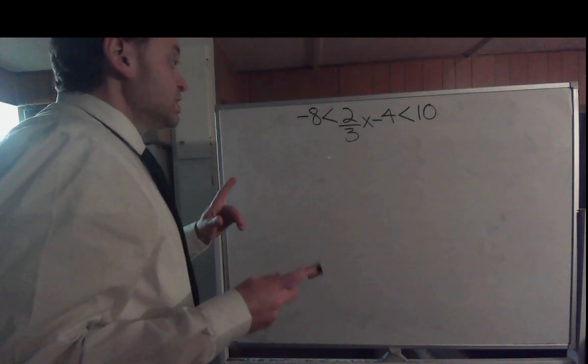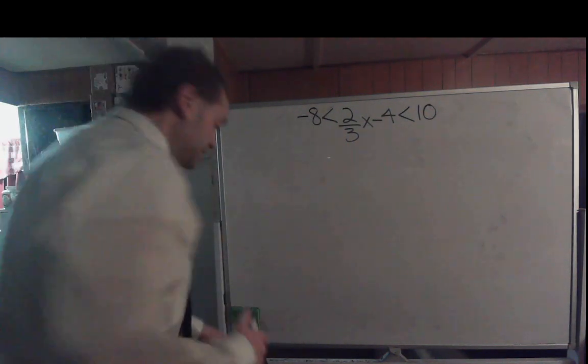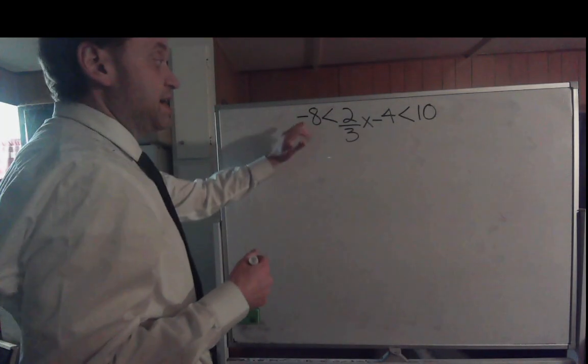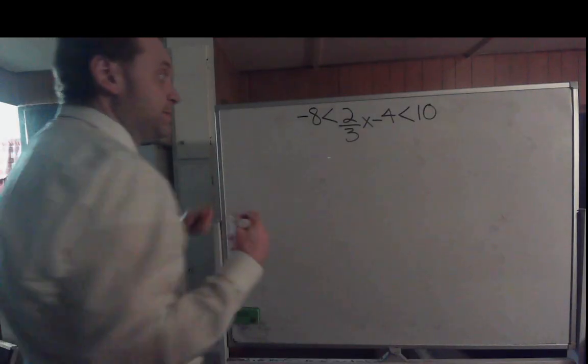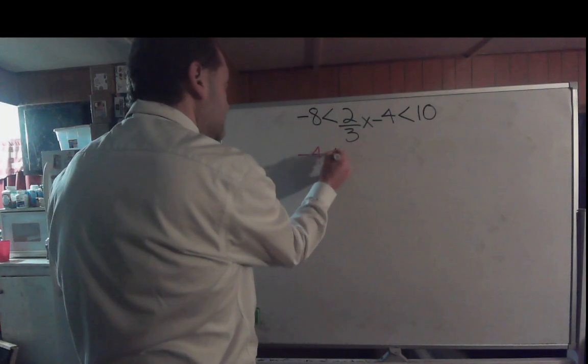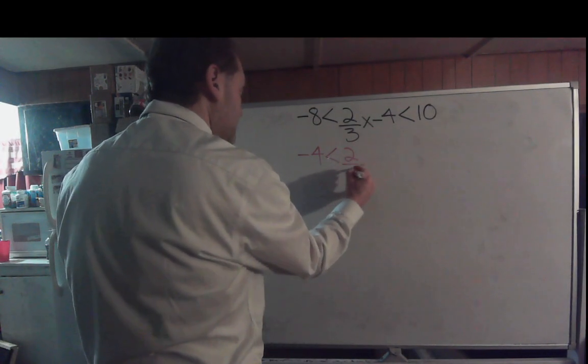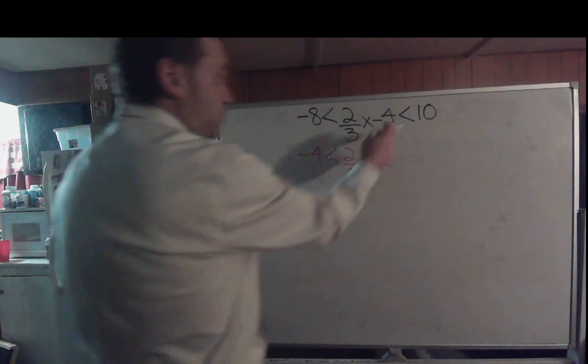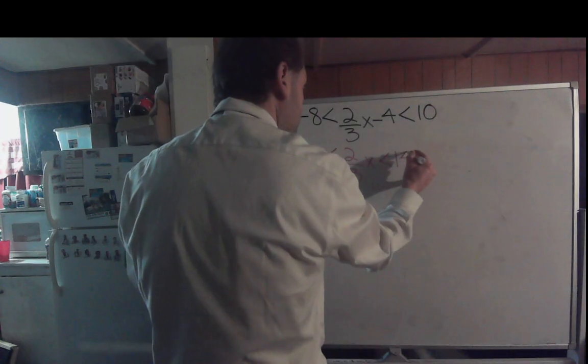So, of course, get the 2/3 x by itself first, which means I add 4 to all three sides. So if I add 4 to negative 8, I'll end up getting negative 4 is less than 2/3 x, which is less than, so what's 4 plus 10? That's 14.